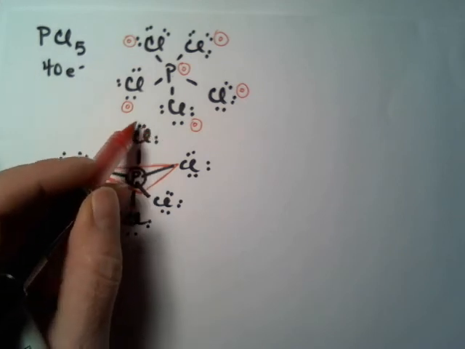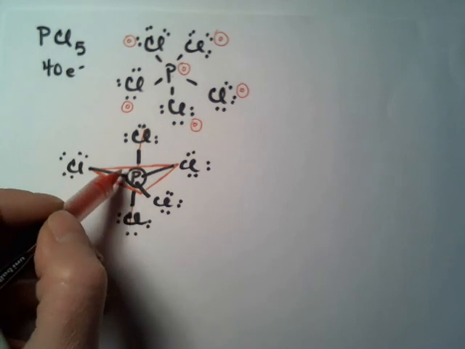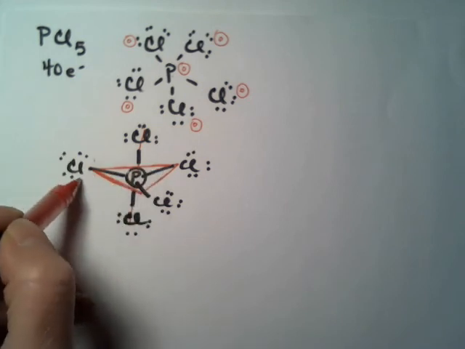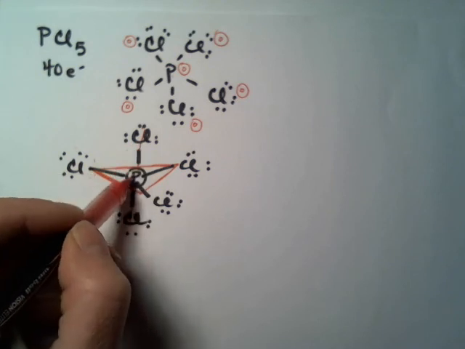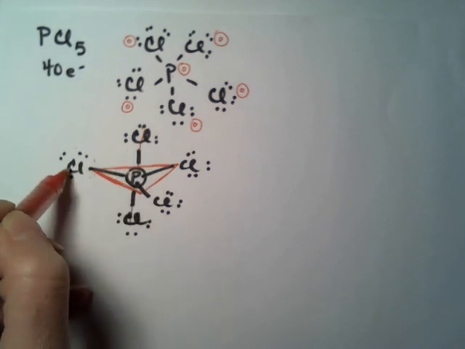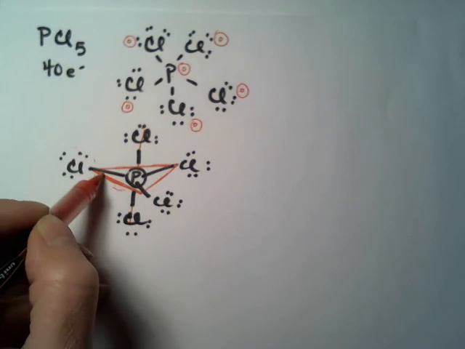So this position, this chlorine actually has 3 90-degree neighbors, whereas one on the plane only has 2 90-degree neighbors, and this neighbor is 120. From here to here to here is 120.